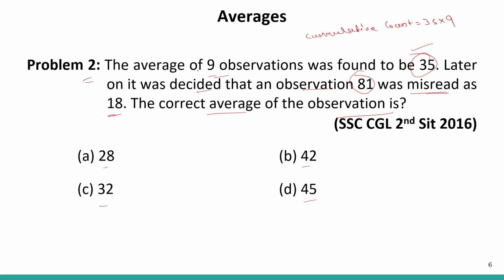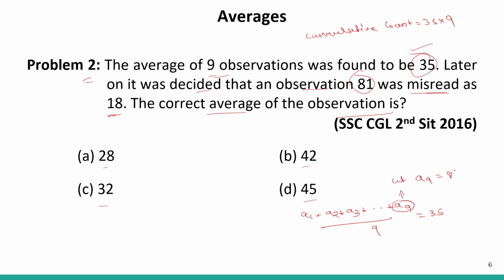So if there are 9 observations, let's say those observations are A1 plus A2 plus A3 plus dot dot dot plus A9, right? So this by 9 is equal to 35. This was what was recorded. Then it was later found out that one of these is 81. So let's say A9 was 81.